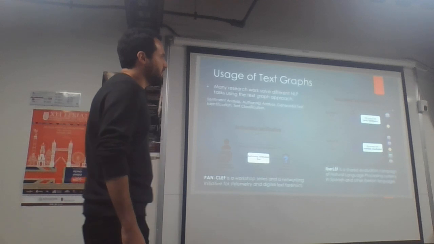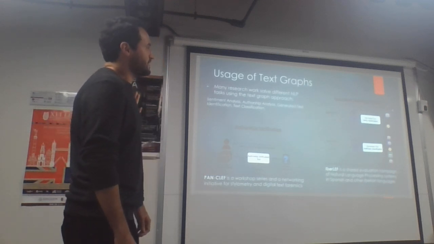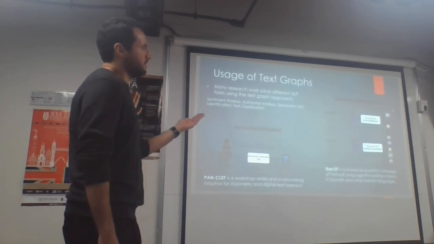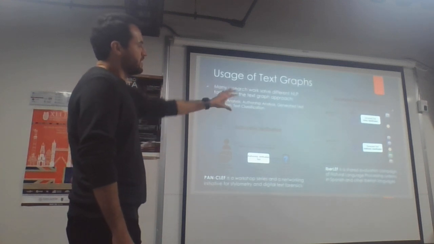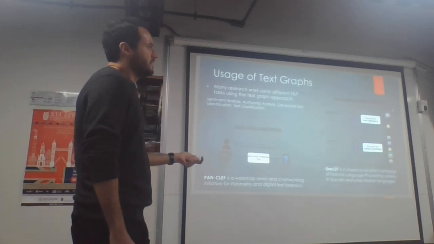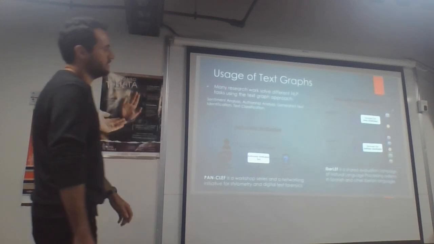And the other one, more interesting, I think, nowadays, is generated text identification. In the binary classification approach, you have one text, and the idea is to determine if the document was created by a machine or a human, right?